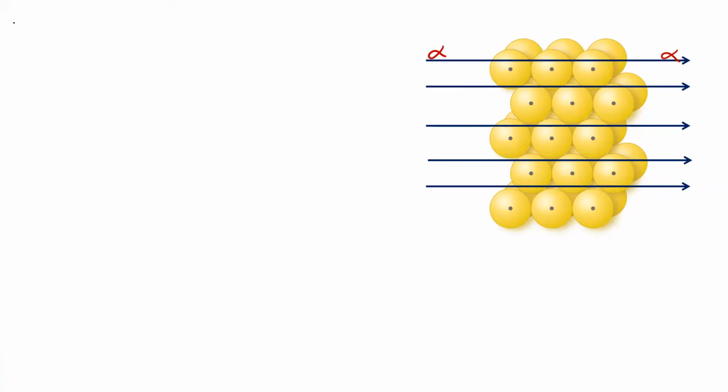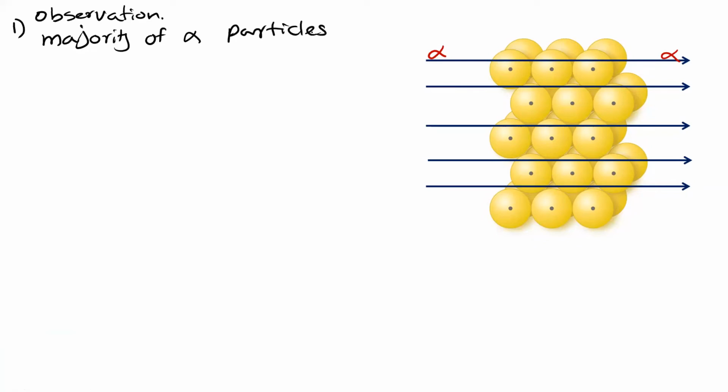So the first observation is that the majority of alpha particles go through the gold foil.